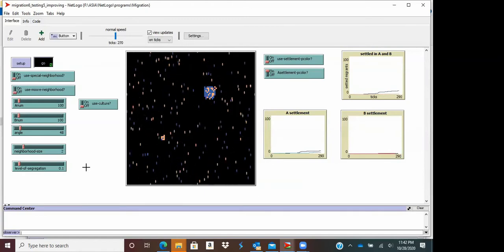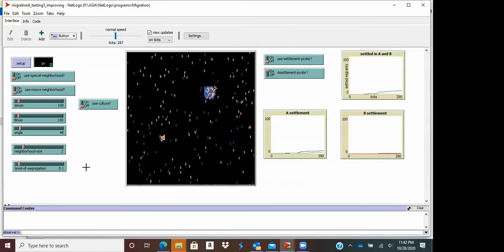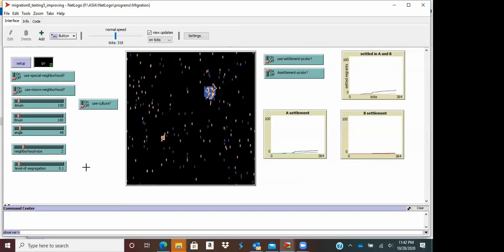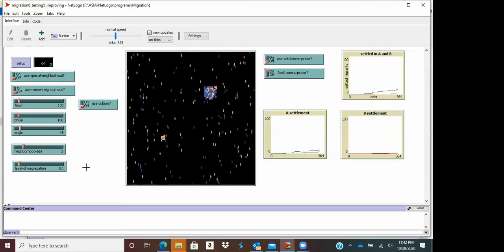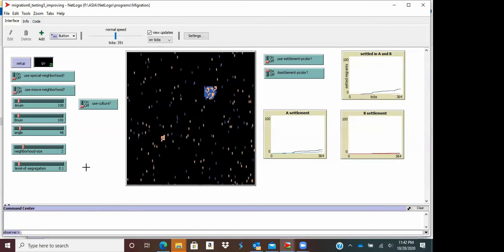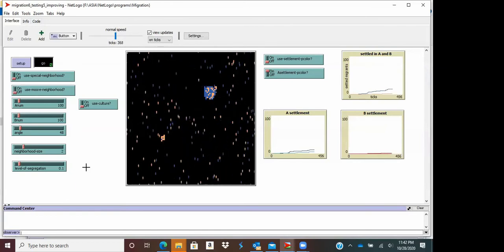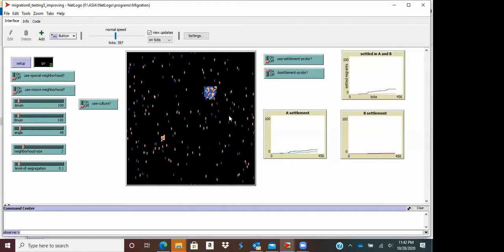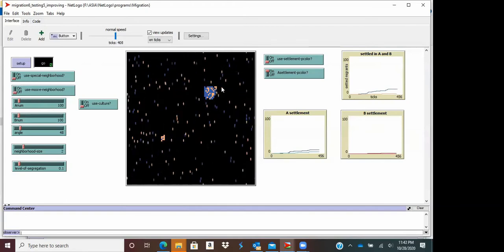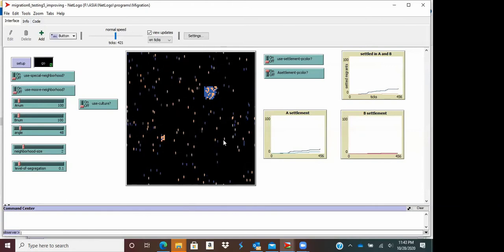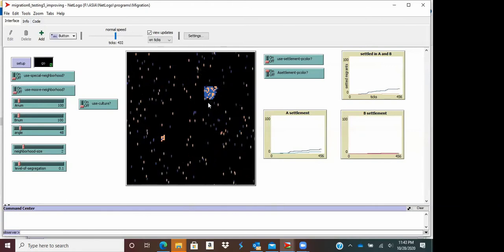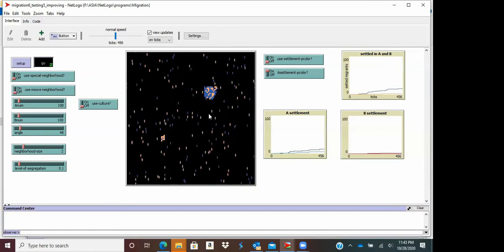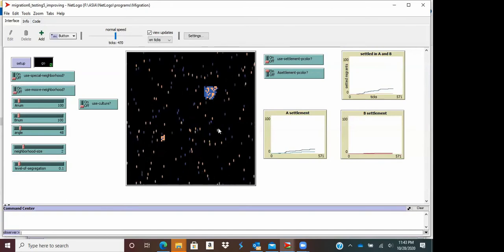But if not, they keep looking, and you begin to see patterns where the migrants tend to settle down in a neighborhood where they have a similar racial or ethnic group. By looking at the colors, those pinkish migrants tend to settle down in neighborhoods that have the same color of their own. Blue migrants tend to settle down in a neighborhood where the surrounding residents also have their own color, blue or pink.